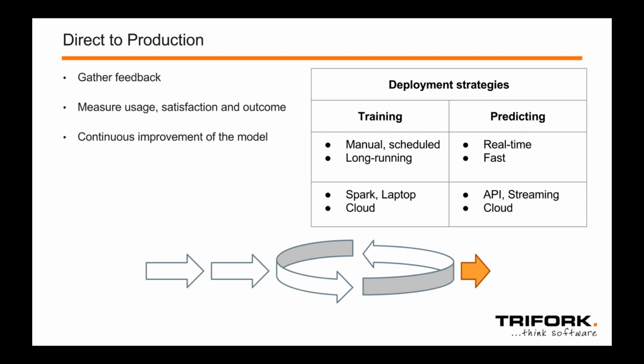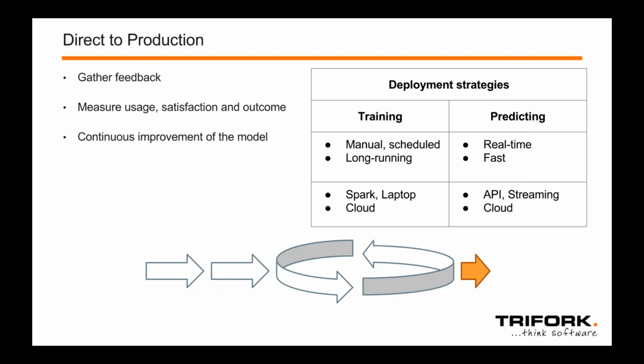Now, onto that, there are different deployment strategies, and there we split between training and predicting, where training is likely to be a very long-running process versus predicting, which is really fast and real time. Training might happen initially on a laptop using something as simple as Spark MLlib or something else, but it could also be in a cloud situation.